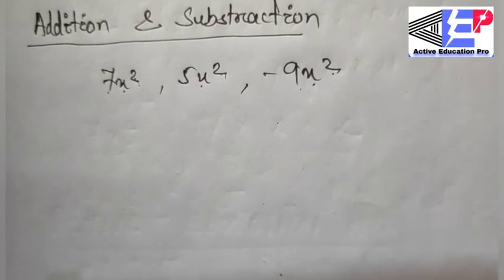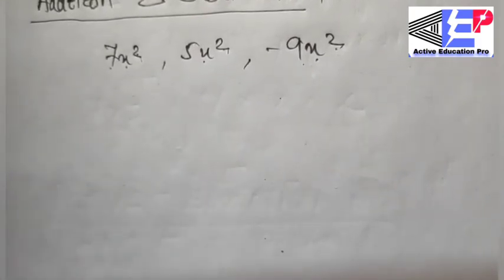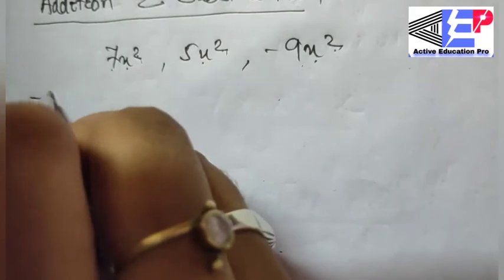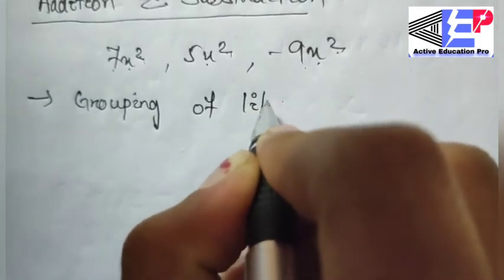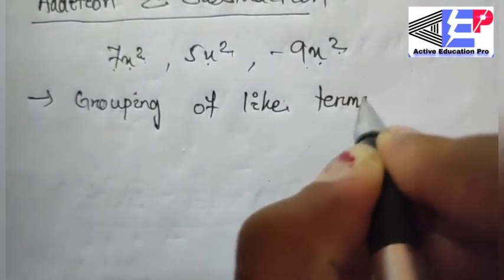So first we have to make a group of like terms.